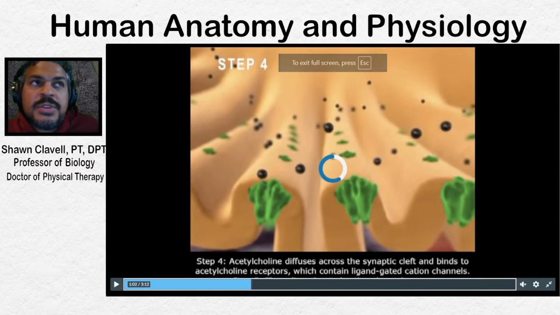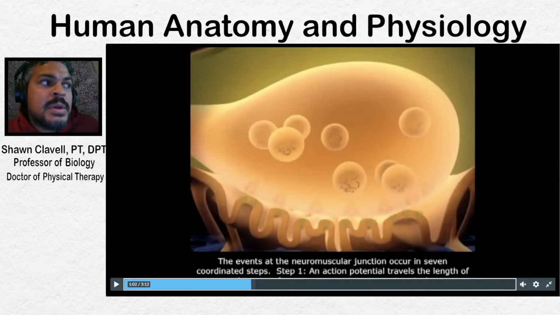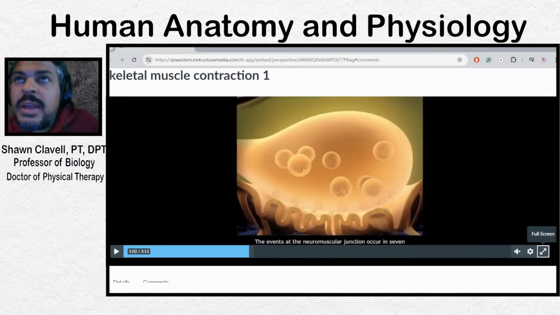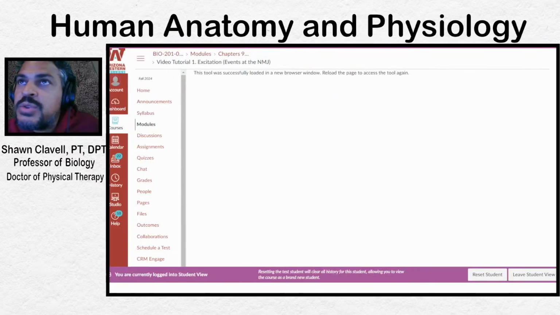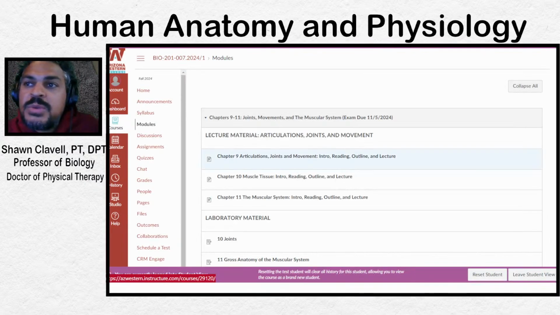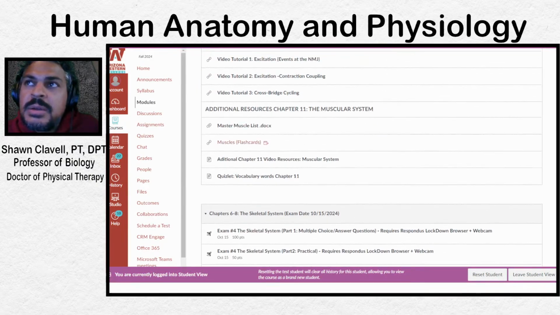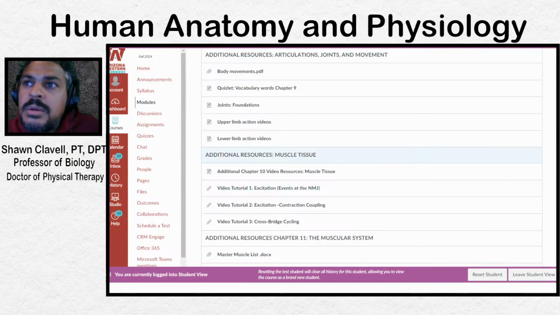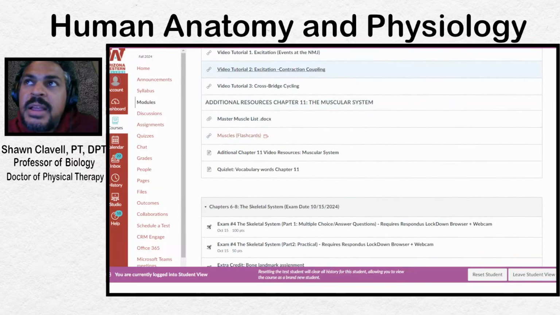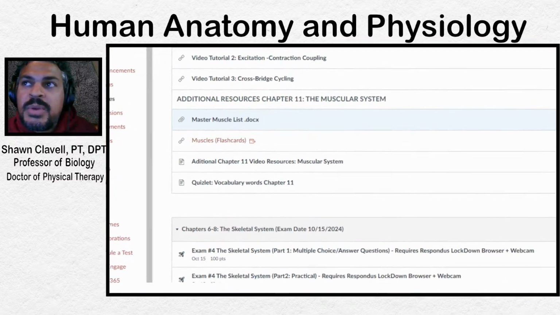Basically, how does a nerve stimulate a muscle? You can see there are a number of different steps that need to occur sequentially in order for a muscle to go through the steps of a contraction. Again, that's right there under modules, chapter 10. Excitation, contraction, coupling, and cross bridge cycling are the big ones there.